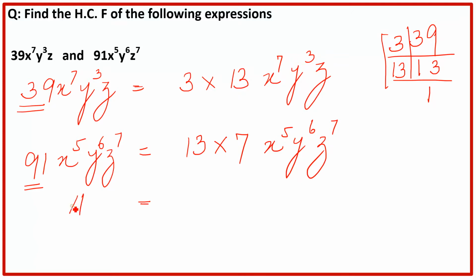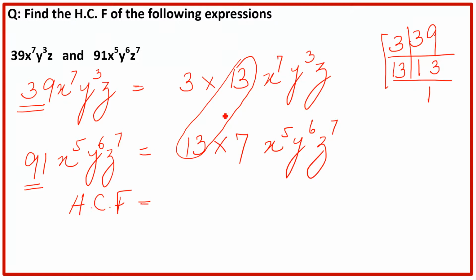So now HCF, what we are actually going to do, we are going to calculate the highest common factor. Highest means among these two, we have the factors of 39, we have the factors of 91. The highest is 13, right? This is 3, this is 7, this is 13.